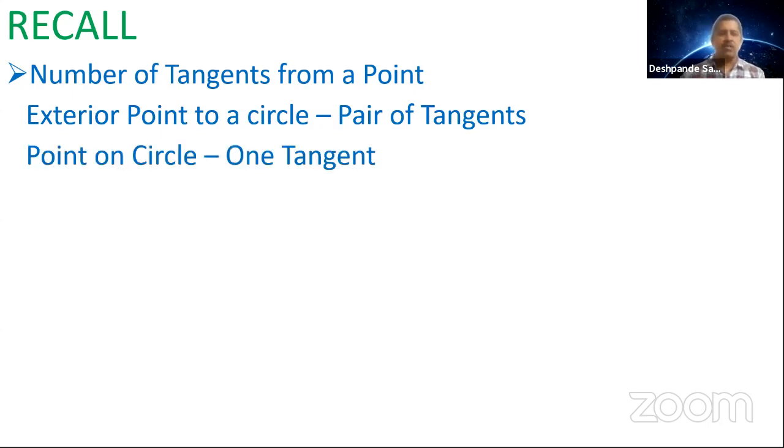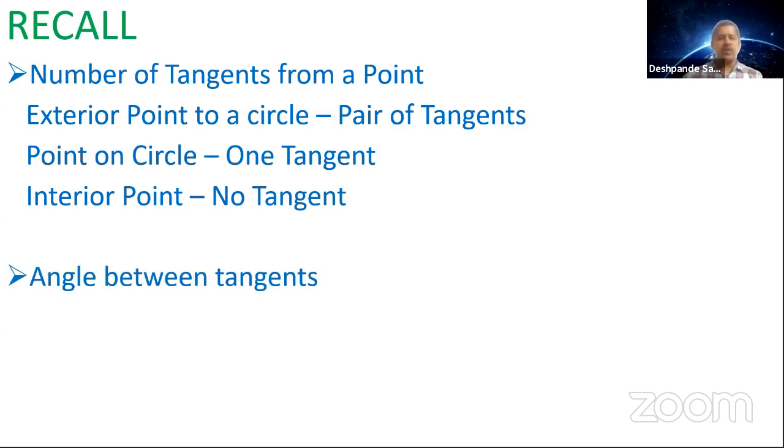If the point is on the circle, you get only 1 tangent at that particular point. If the point is an interior point, then you cannot have any tangent. So exterior, pair of tangents; interior, no tangents; point on circle, 1 tangent.